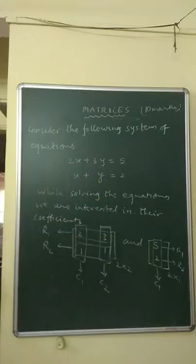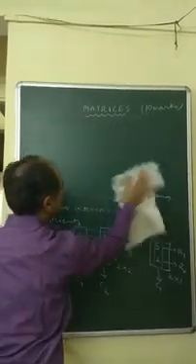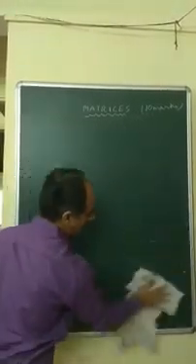Now we can give the general definition of matrix. So what is the general definition of matrix?